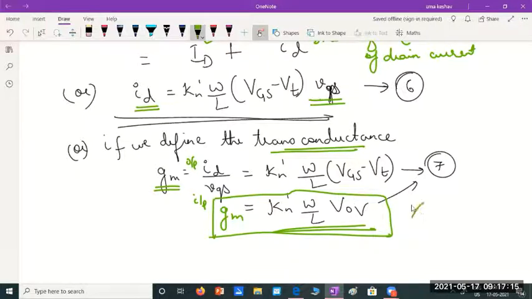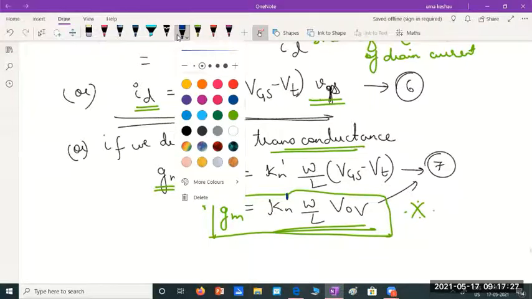Please remember, it is an important expression. For problems also it will be useful. How are you going to find the GM value? This is how you are going to find the GM value. Okay.